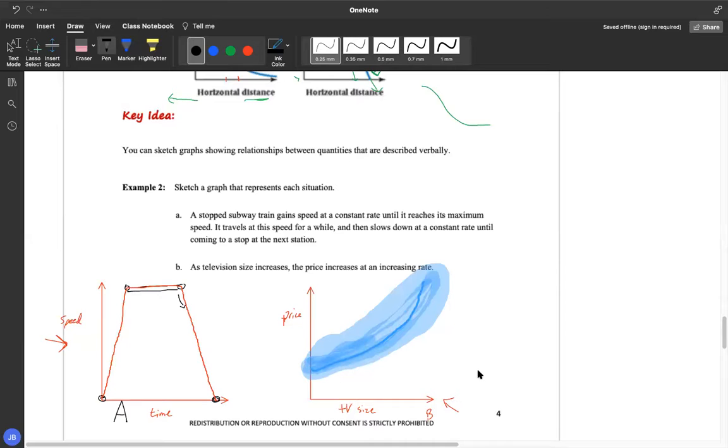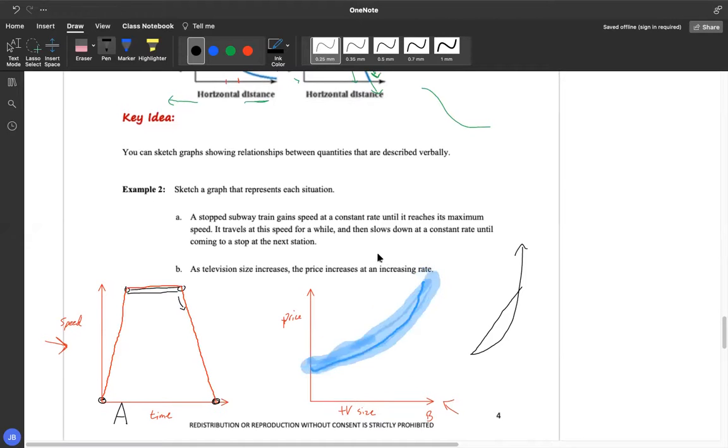So the TV size is increasing and the price is increasing as well. So it's going up. Perfect. Exactly right. If we were increasing at a steady rate, it would be like this. But since we have an increasing rate, it's like Elena showed, where it's going to go like this and then go up like that. So that's exactly right. Great job, Julia. Great job, Elena.